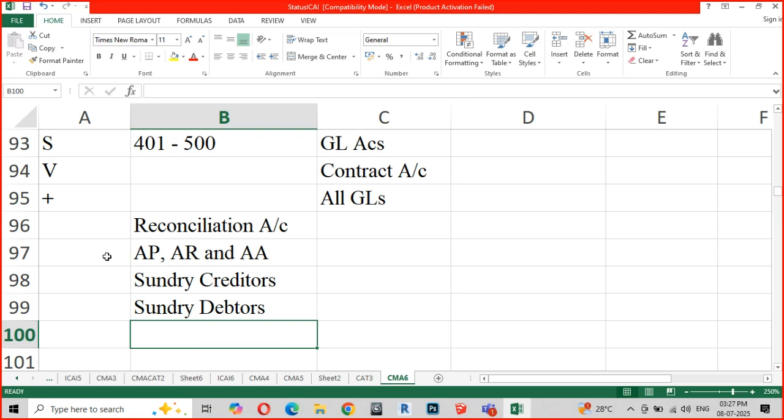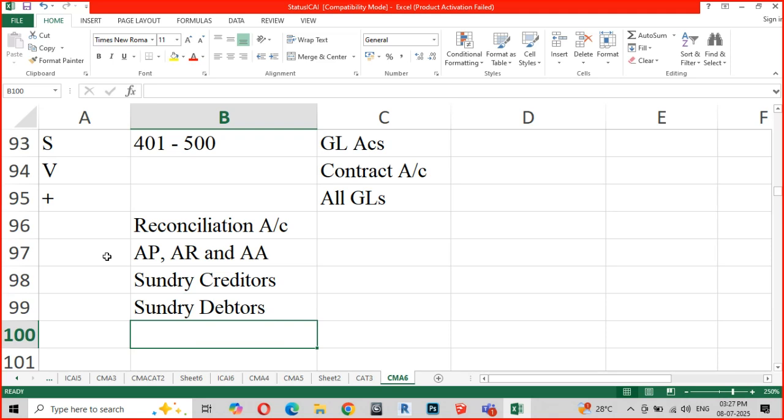So your creditors is the aggregation of hundreds and hundreds of vendors. Hundreds of vendors may be having an outstanding balance. I need to make a payment to hundreds of vendors. That is going to be my liability, correct?